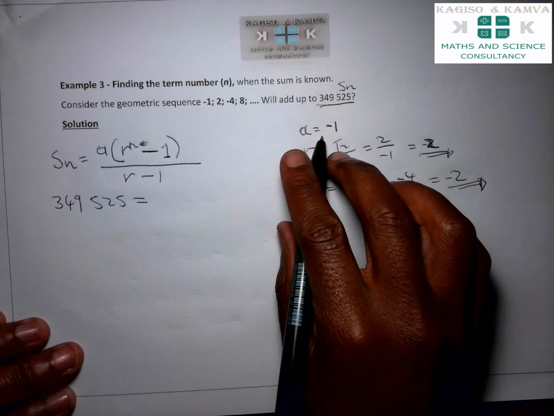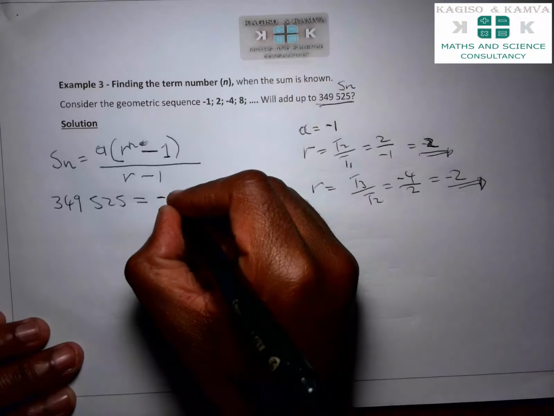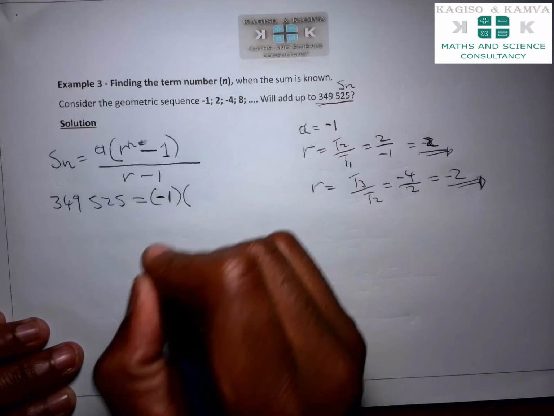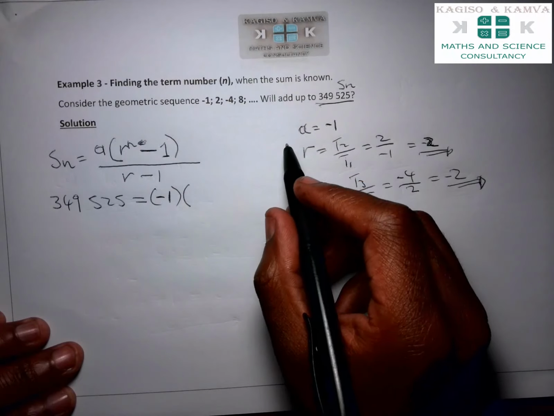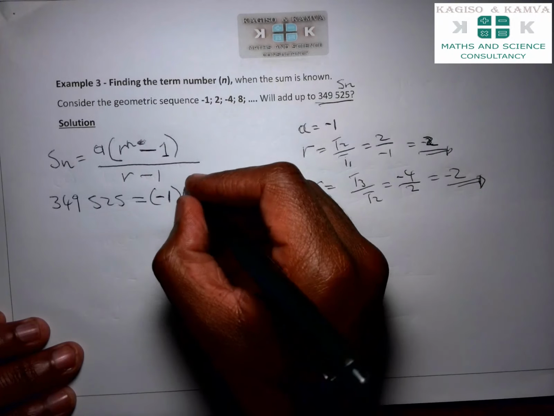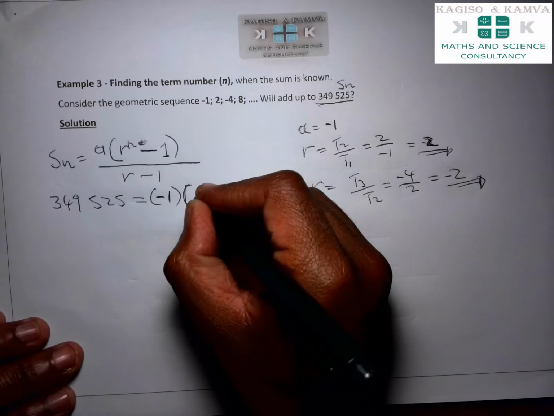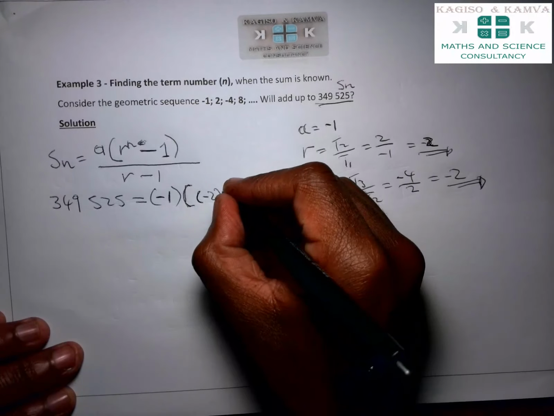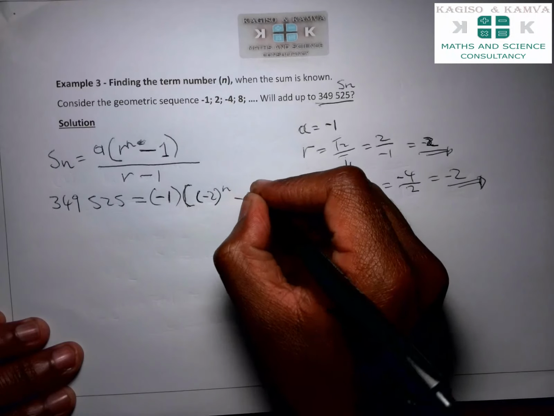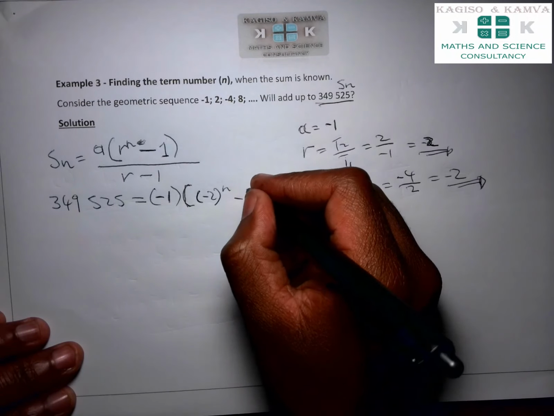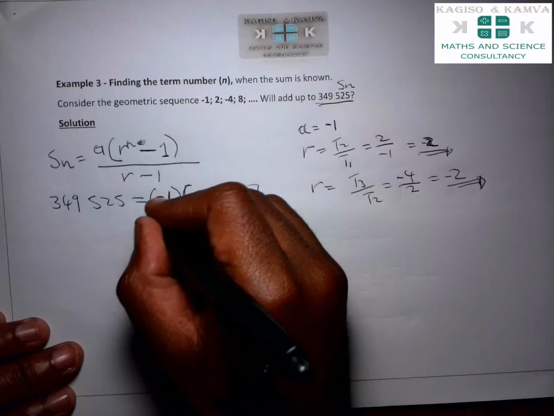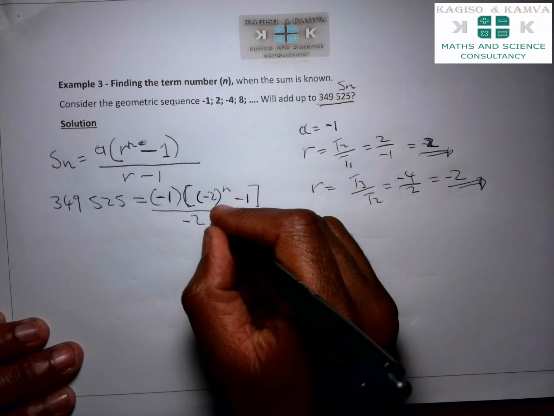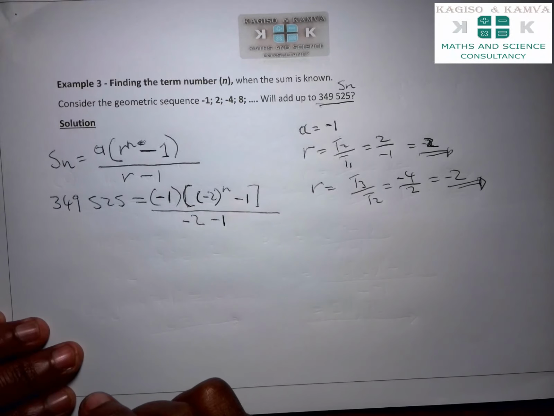It's equal to, what is a? a is -1, right? -1 into r, which is -2 to the exponent n minus 1, all over r, which is -2 minus 1.